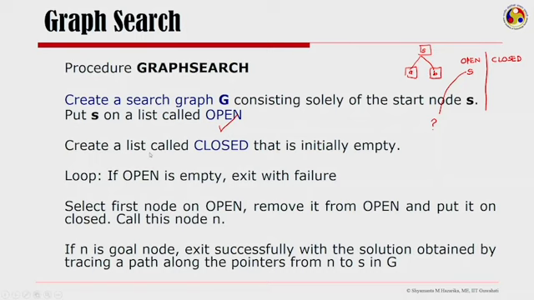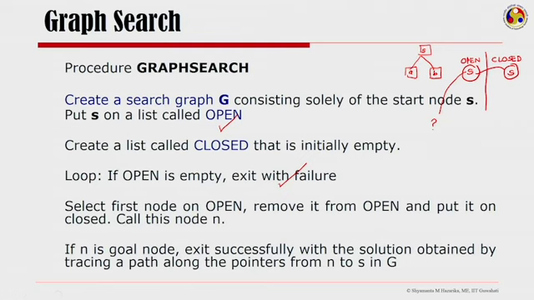I create a list called closed, that's initially empty, and if there is nothing in open, I have to exit with failure. Otherwise I select the first node on open and remove it from open. I take it away from open and push that node in closed. Why do I do that? It is a way to remember that S has been expanded.